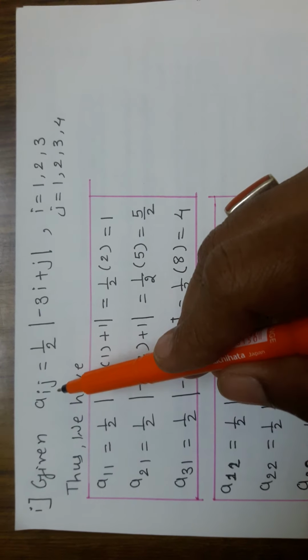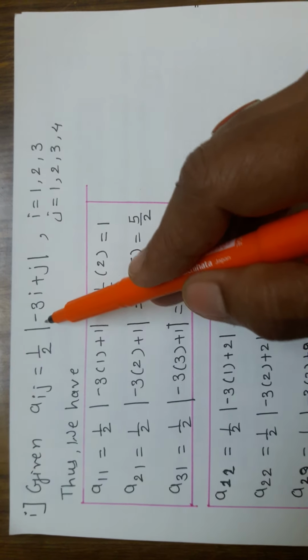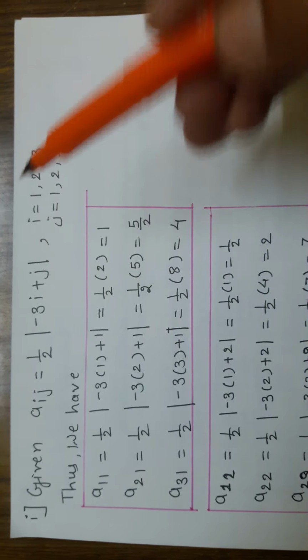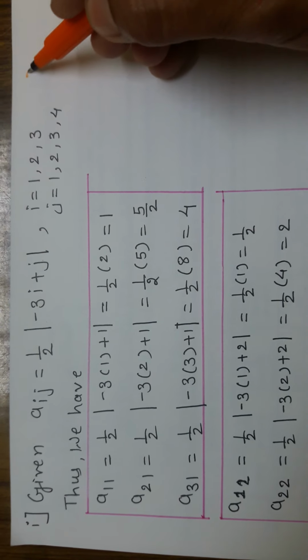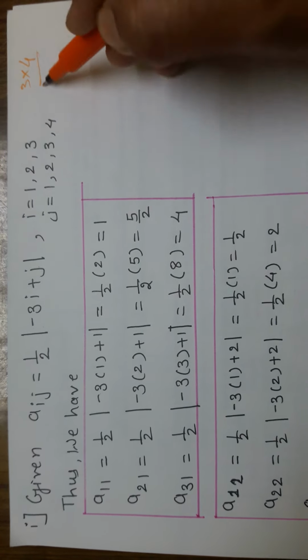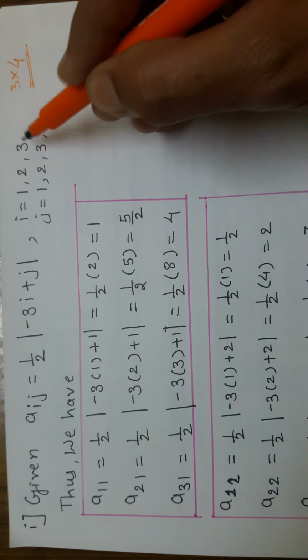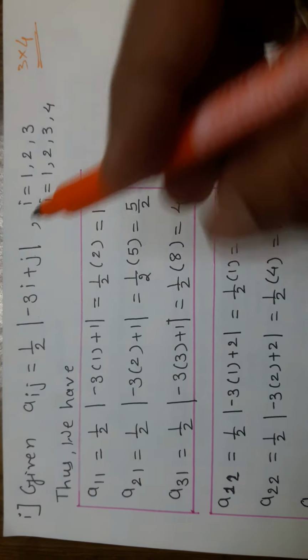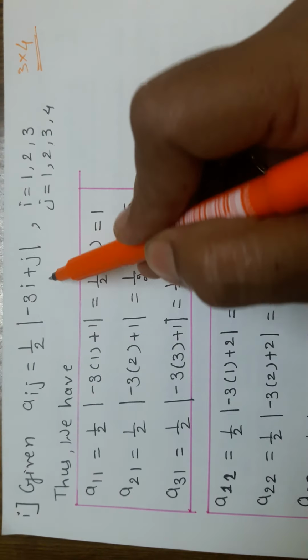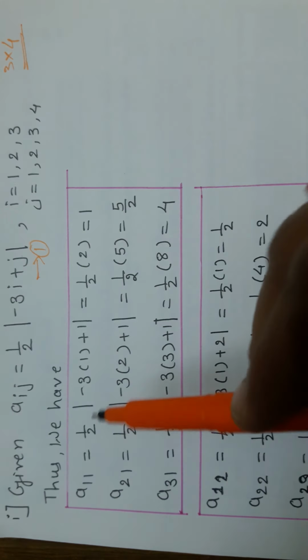Given the first problem we will see, given that Aij is equal to half in the mod of minus 3i plus j. Here we have 3 rows. 3 cross 4 is the order of this matrix. Means what's the value of i? 1, 2, 3. And what's the value of j? 1, 2, 3, 4. Therefore, in this equation, one by one we are going to substitute these values.